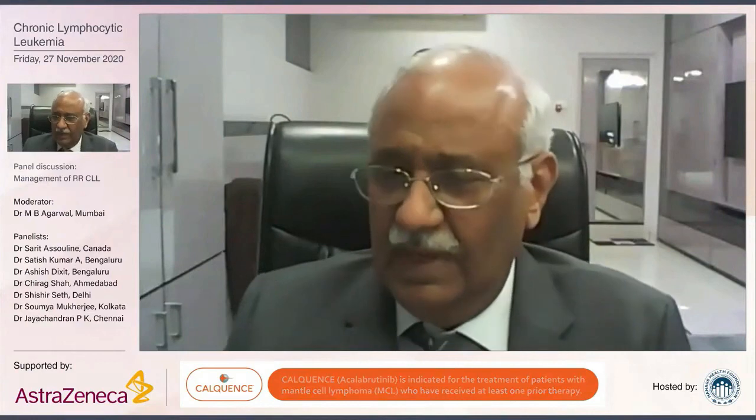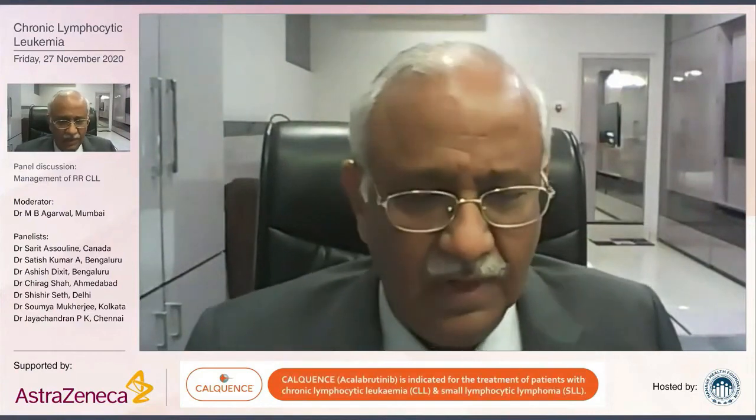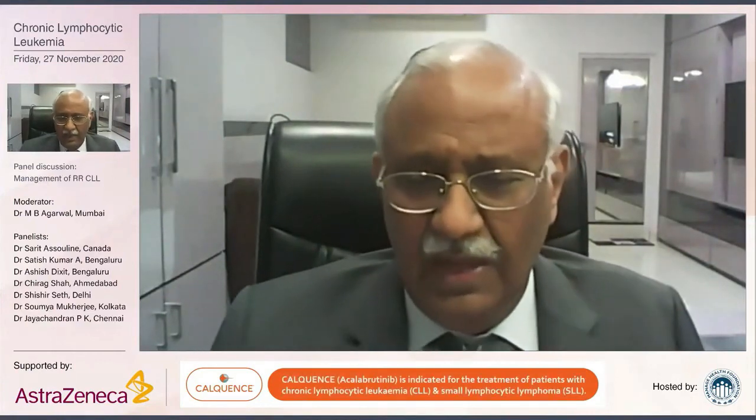So maybe for cutting down the cost of these drugs, we can use such agents. The drug requirement will be much lesser. Right, thank you. Yes, that has been done in AML quite frequently across the world.